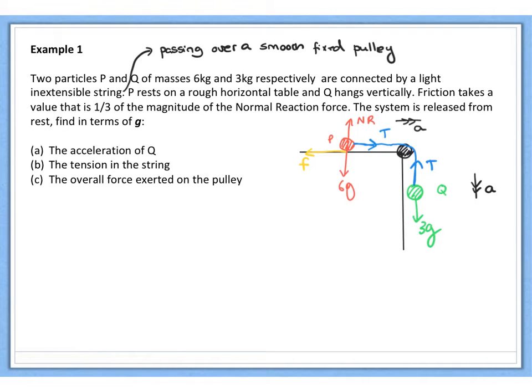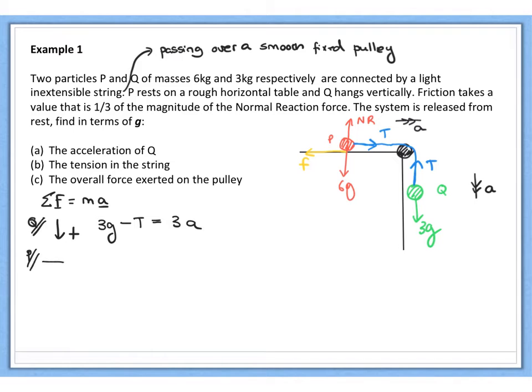So let's write down our law, Newton's second law of motion, and let's start by analysing the forces acting on Q. Q is moving downwards. I'm going to take down as positive. So the resultant force is 3g acting downwards minus T acting upwards equals mass 3 multiplied by acceleration a. What about P?